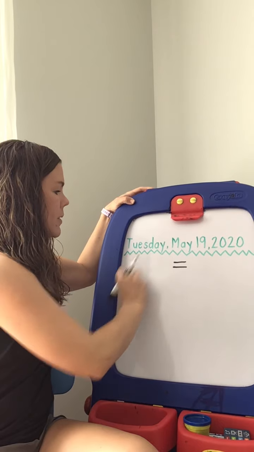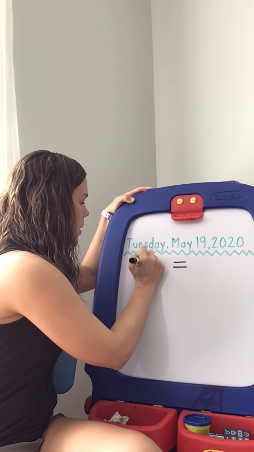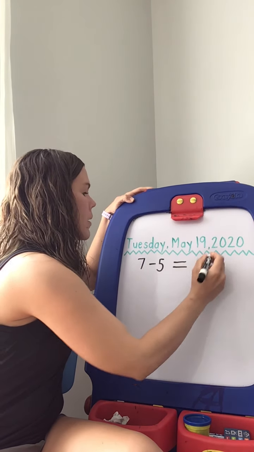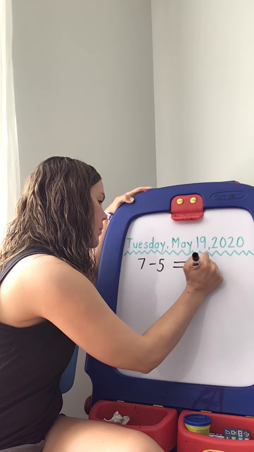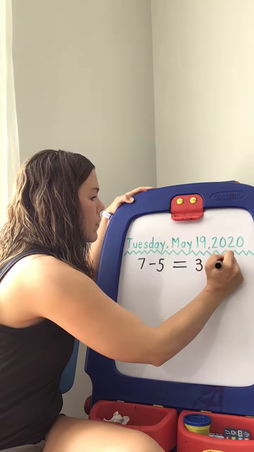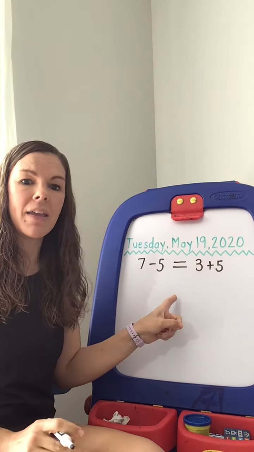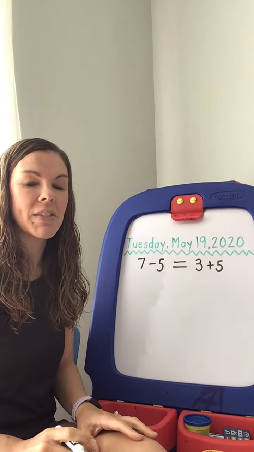So here's my equal sign. This one I'm going to do all right. Here's my two amounts, or my two equations for each side of the equal sign.